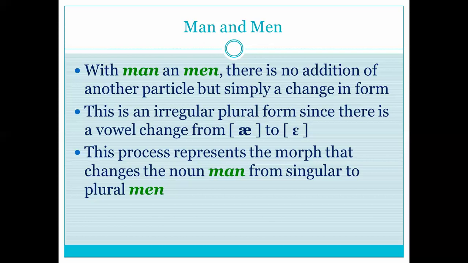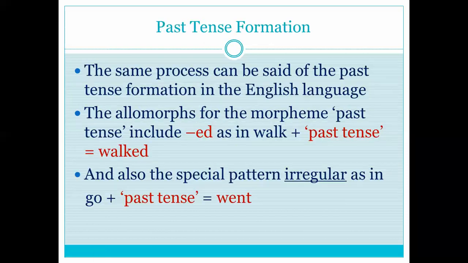And of course, we can indicate this change in sound with the phonetic symbols. And there's, of course, also that's pluralizing sometimes. That's a little bit irregular, but also creating past tense forms. We have verbs that are irregular, right?